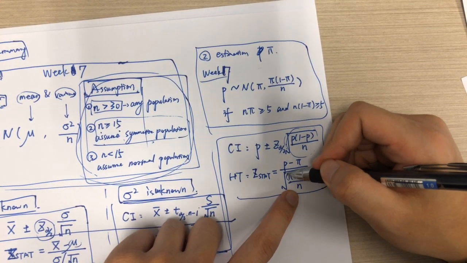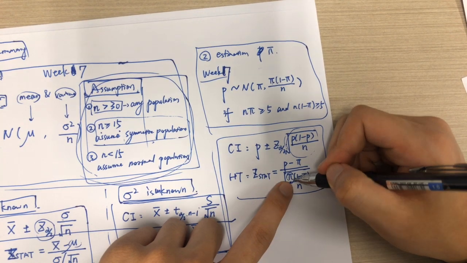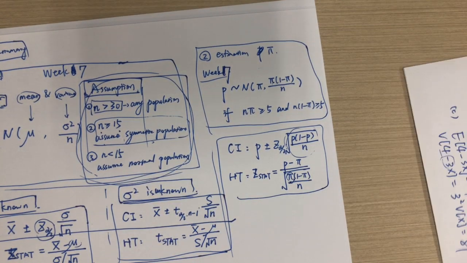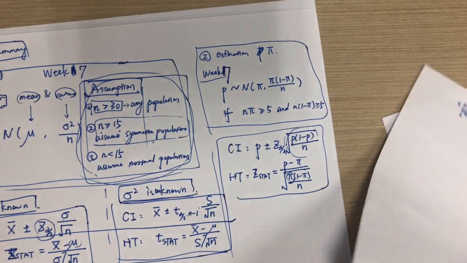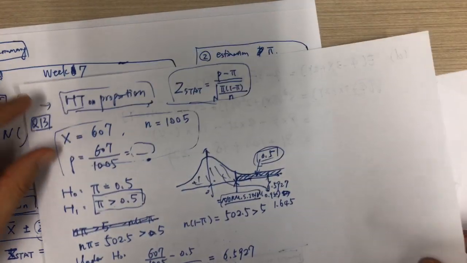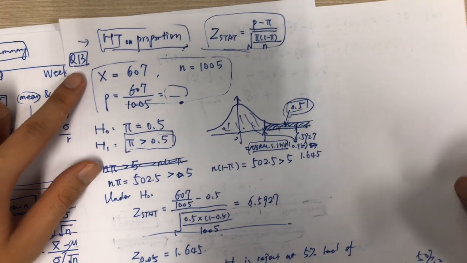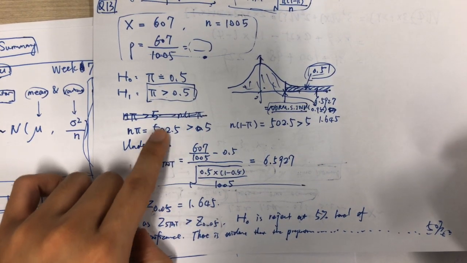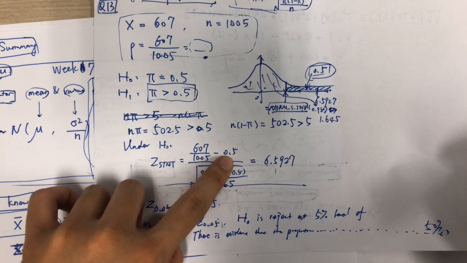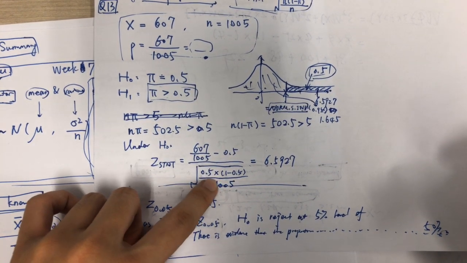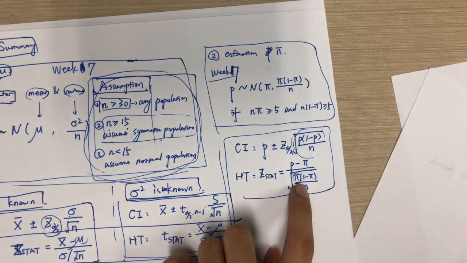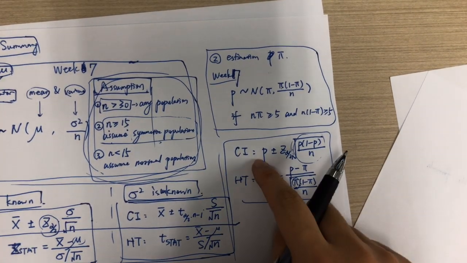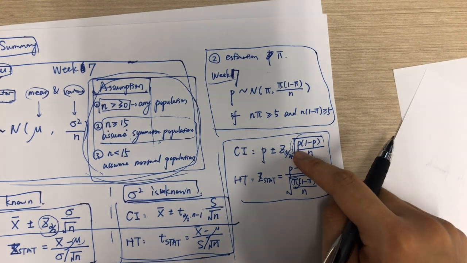Many students tend to use P instead of pi here, and that will be wrong. You can see the previous question as an example. Where are we at? Yeah, question 13, right? When you look at question 13, you can see I use pi in the null hypothesis to plug into the standard error, but not the P, okay? So that's for hypothesis testing. But for the confidence interval, you need to use P.